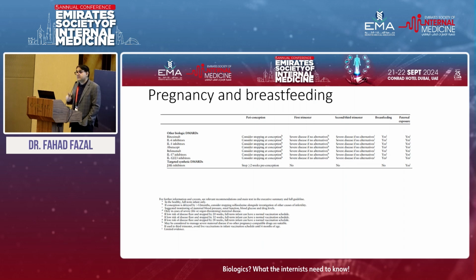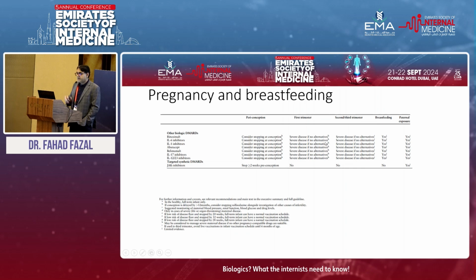If the patient needs treatment, you have no other option, and the disease is severe enough to need a biological therapy, then you discuss the pros and cons of treatment with the patient and decide about the treatment. These are all okay in breastfeeding.